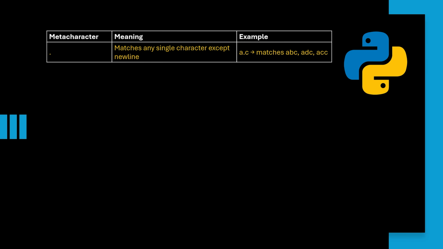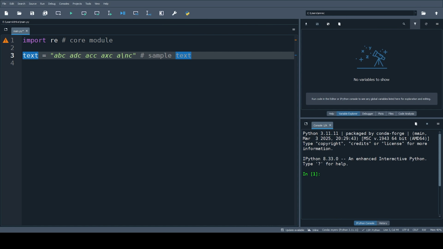So our first meta character is dot. It matches any single character except newline. So if you write something like a.c, it matches abc, adc, acc, basically any character between a and c. Let's see it in the code. Here we have a sample text which we are going to search for the a.c pattern using the dot meta character.